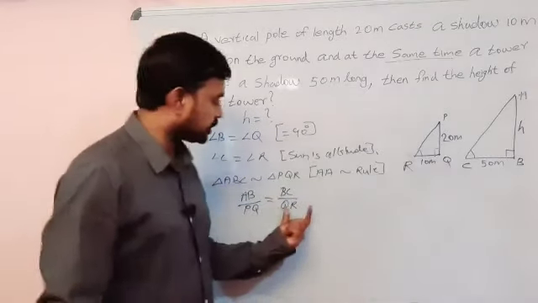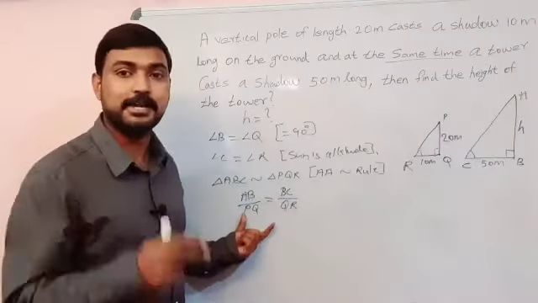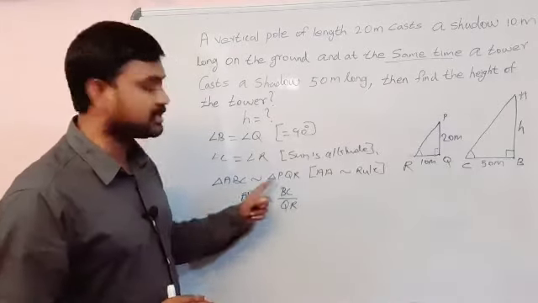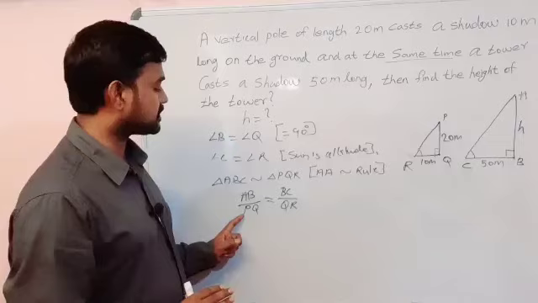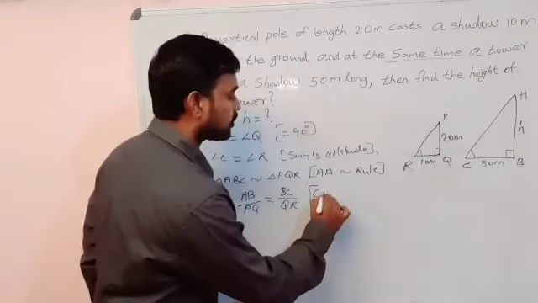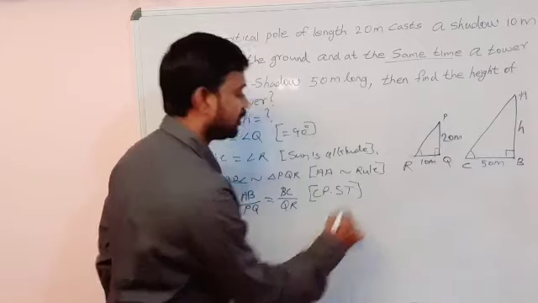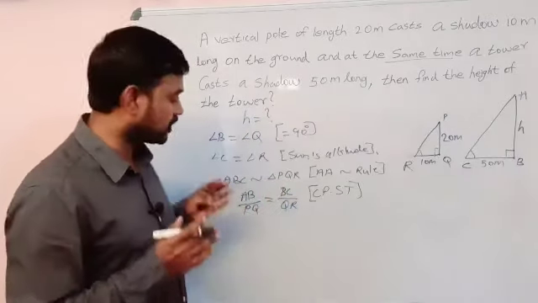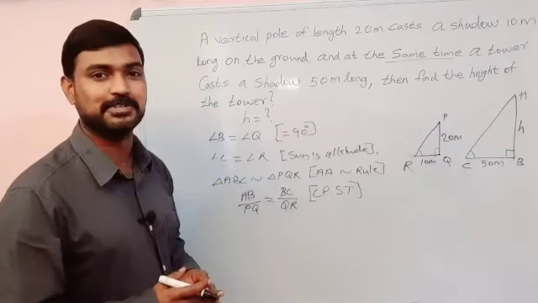These are the two ratios. Two ratios being the same means it is proportional. So if the triangles are similar, their sides are in the same ratio. The reason can be: corresponding parts of similar triangles. Two triangles are similar, then the corresponding sides are in the same ratio.